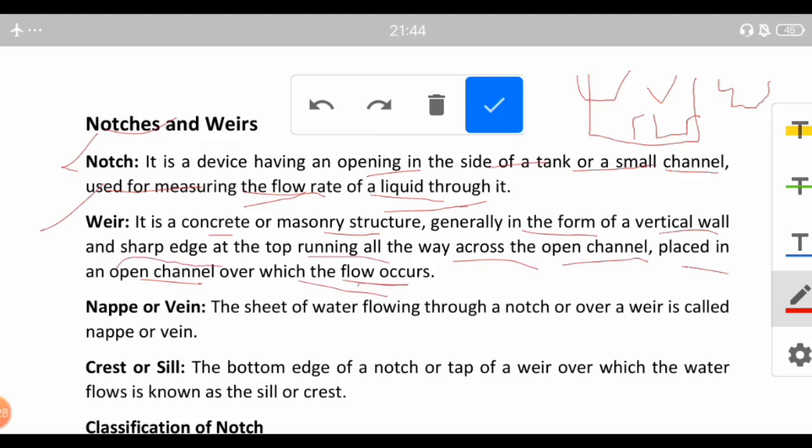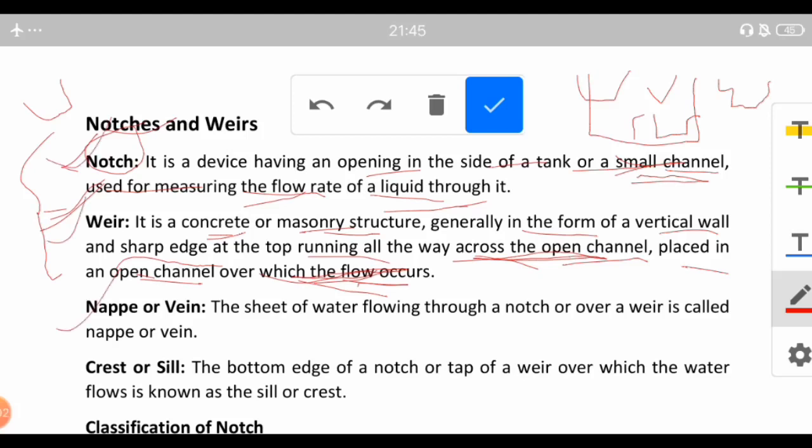You can note one difference: a notch is for a small channel and is generally used in the labs, whereas a weir is basically a regulating structure made of concrete or masonry, running across the whole open channel. It might be placed on a river or in any artificial channel, and thus a weir is a much larger structure as compared to the notch.